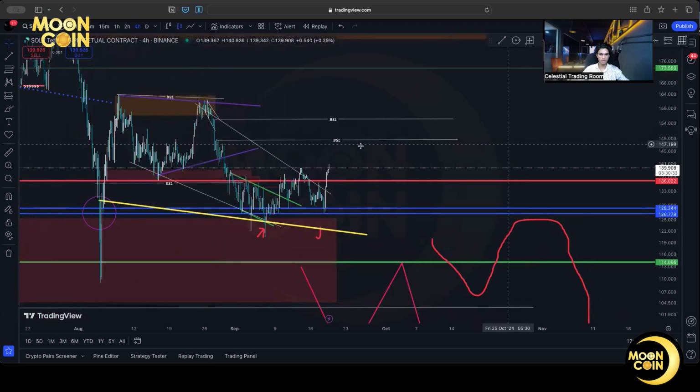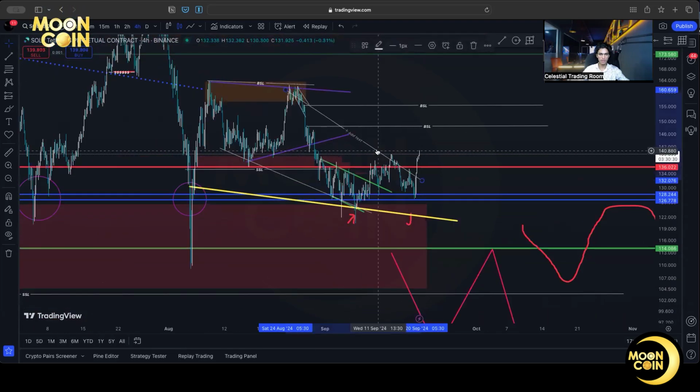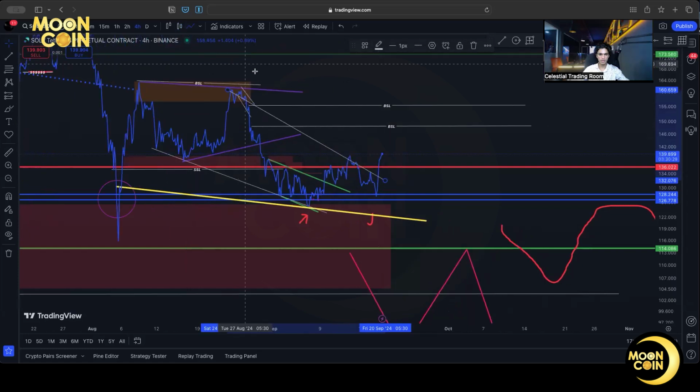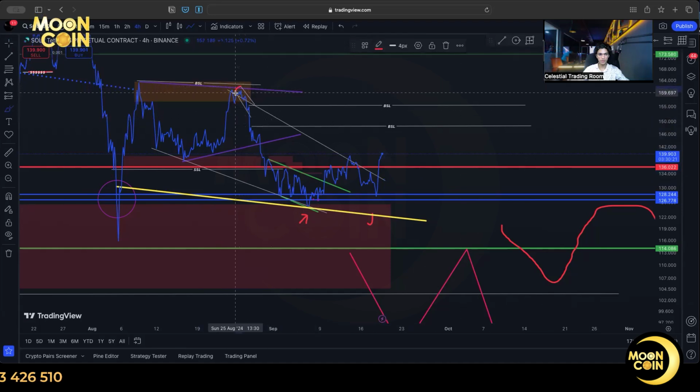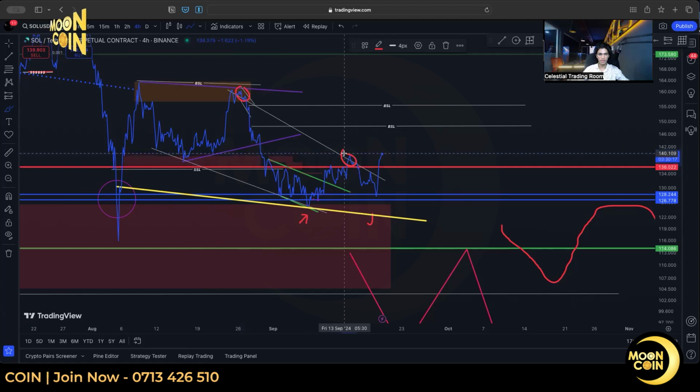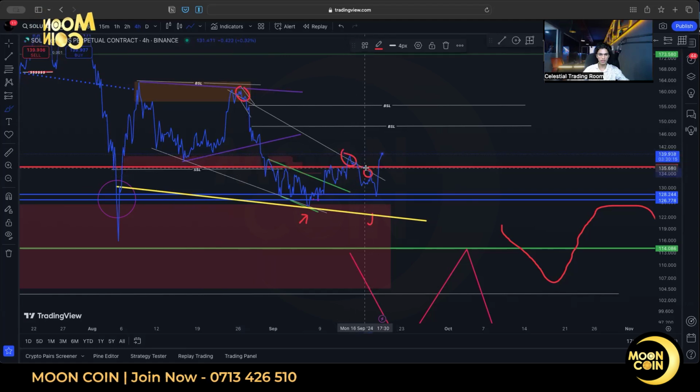And you can see there's another trend line which has been broken recently, which was tested many times. There were several touches here: two touches, and the third touch.